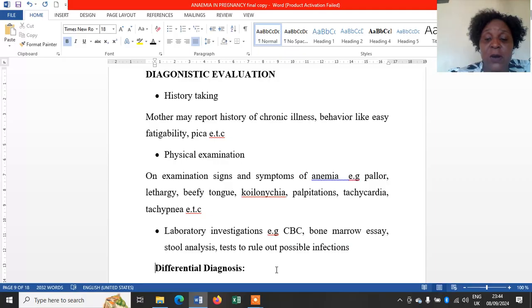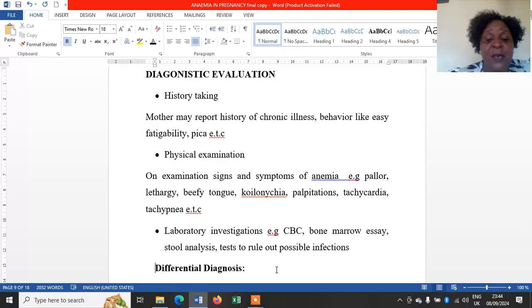Then we can go ahead to do a bone marrow assay to look at how the bone marrow functions, to rule out anemias like B12 deficiency. Then stool analysis, here we are going to check for things like hookworm infestations or blood in stool, which may lead us to diagnose chronic hemorrhage.